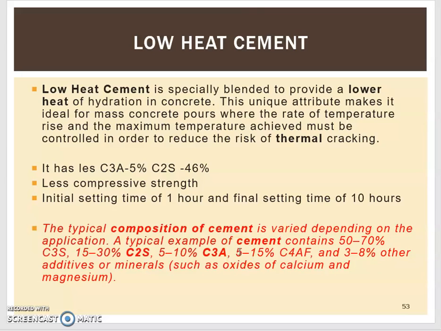Why? We do not want sudden flash heating. This particular component is responsible for giving out heat, so you need to limit it. And you need the dicalcium and tricalcium silicates for strength gain, so you keep those at a higher value. Which one? Dicalcium silicate, understood? Which is otherwise around 15 to 30%. In this particular type of cement, you will get it to around 46%.